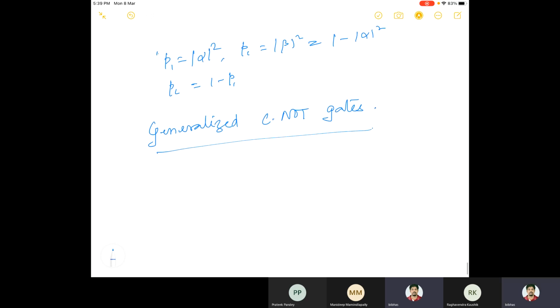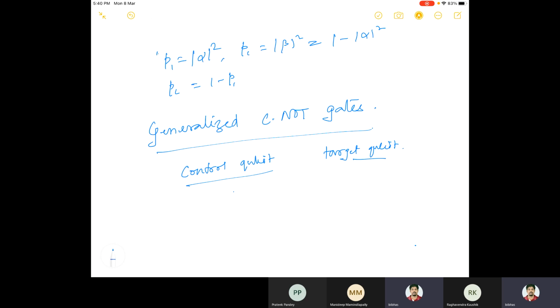So, how do I write it? This is the control qubit, and here is the target qubit. Depending on which one is control and which one is target, you can have a C-NOT gate or a new, different gate.